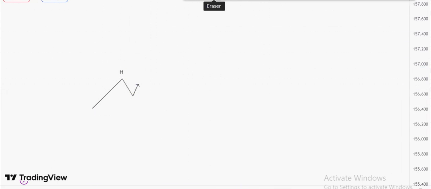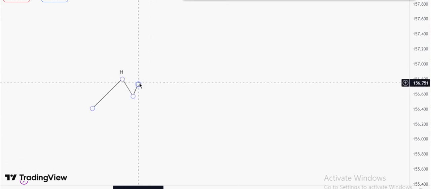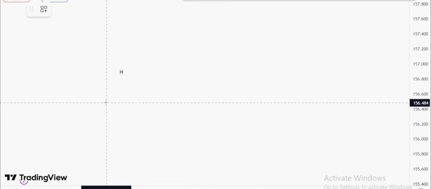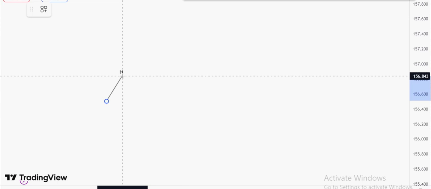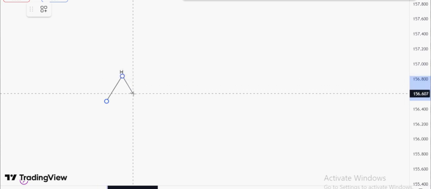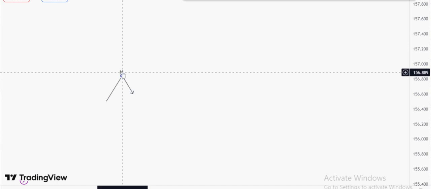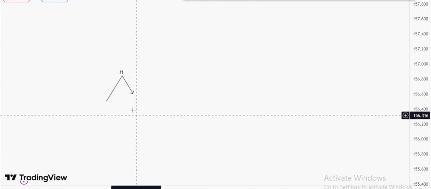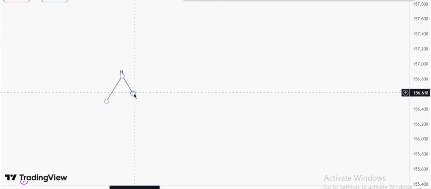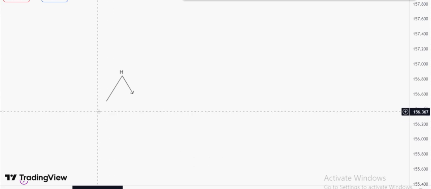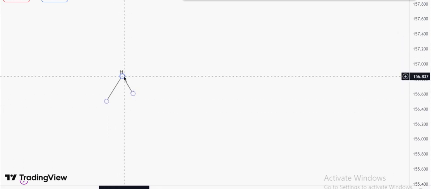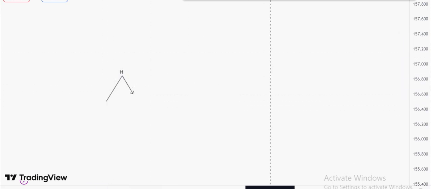Let me do this instead. Highest point, pull back. The highest point is called the high, and then the lowest point that it pulled back to, remember we said it pushes and then it pulls back, the lowest point it pulls back to is our low, right?